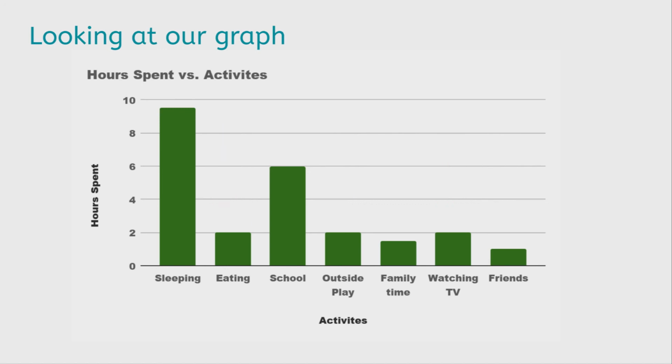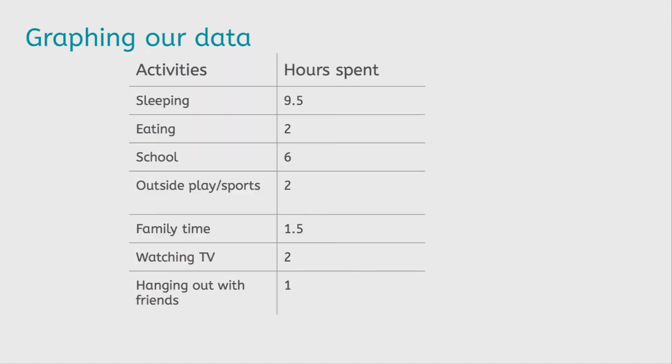So is there any way, now that we can see how we spend our day, that we'd want to do things differently for tomorrow? We could change how much time we do certain things and be able to have more time for other things. So looking at our graph, there's certain things that we can't alter the time on, like sleeping, eating, and how much time we spend at school.